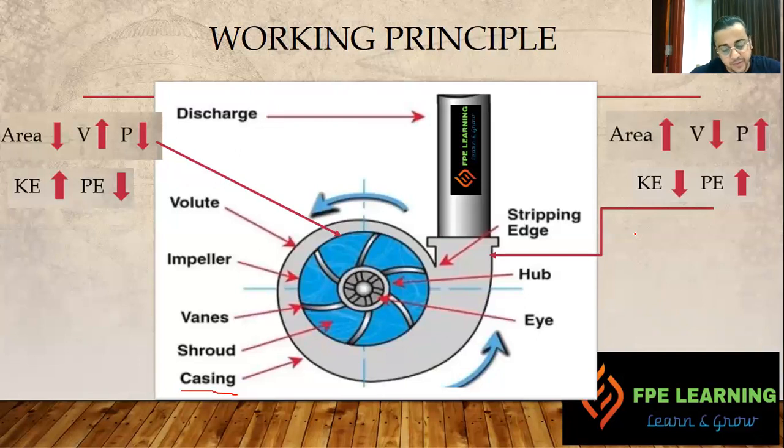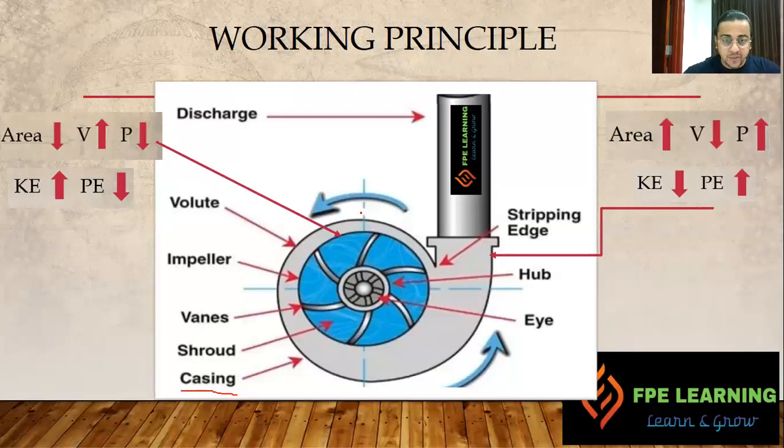So once the liquid reaches the rotating impeller, the liquid entering the pump moves along the impeller vanes, increasing in velocity as it proceeds. So as it goes there, the velocity increases, right? And when the liquid leaves the impeller vane outlet tip, it is at its maximum velocity, right?